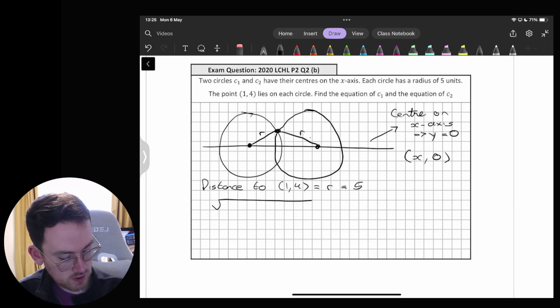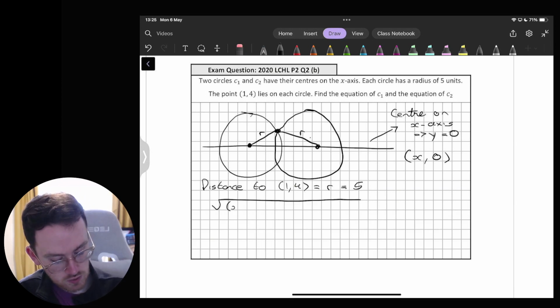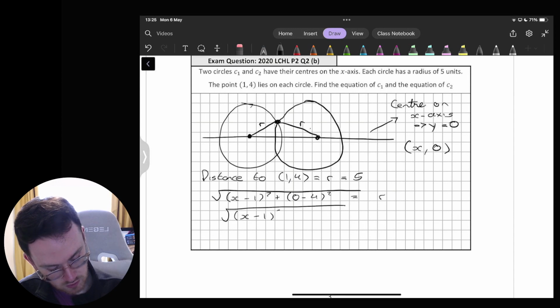So let's just have a look and see if we can solve our question now just using that information. So x minus 1 squared plus 0 minus 4 squared should be equal to 5 squared.